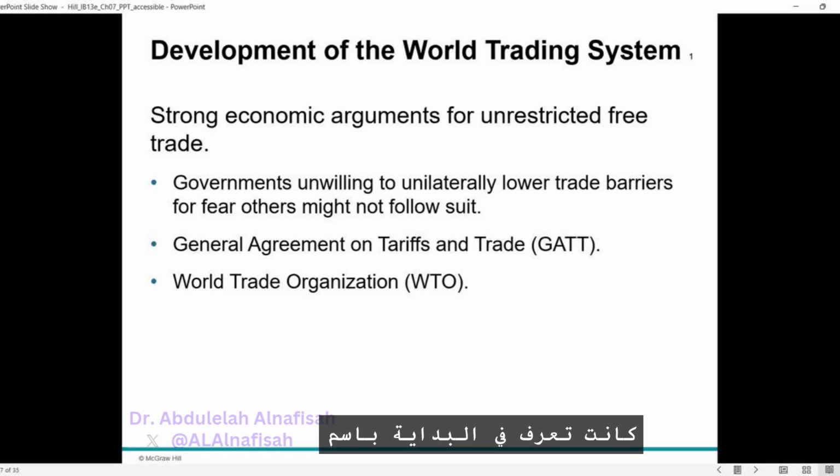Initially known as the General Agreement on Tariffs and Trade, GATT, it evolved into the World Trade Organization, WTO, in 1995, serving as a referee for global trade.